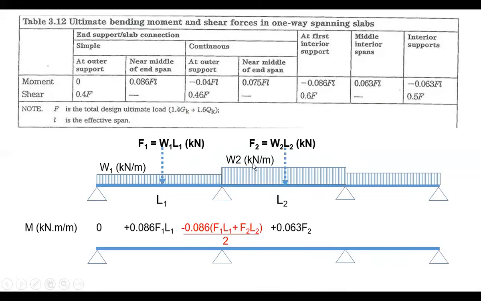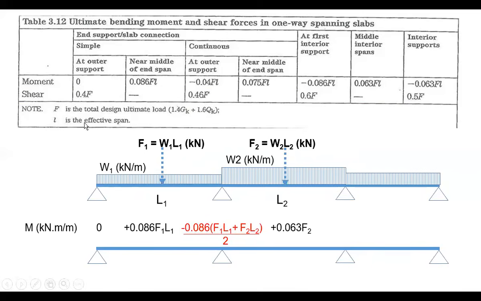So what you should do is get the resultant of the load on the first span and the resultant of the load on the second span. We call it F1 equals W1 times L1. This is the F that we use in this equation. Then you will repeat this for the second span, so F2 equals W2 times L2. It will give you a force in kilonewton. Then we have to use this F to get the bending moment values.